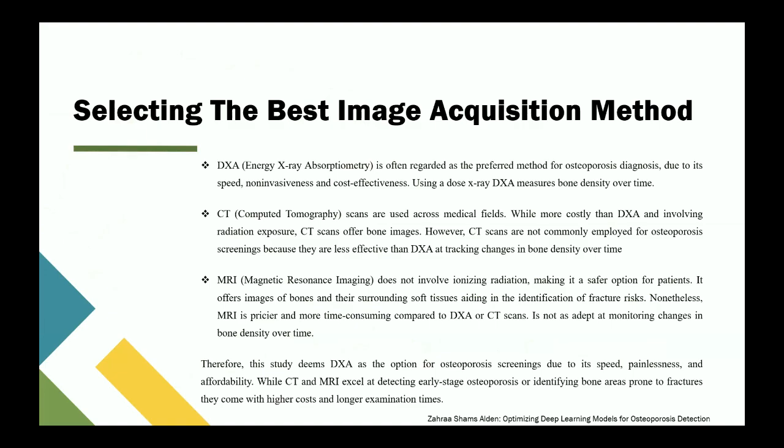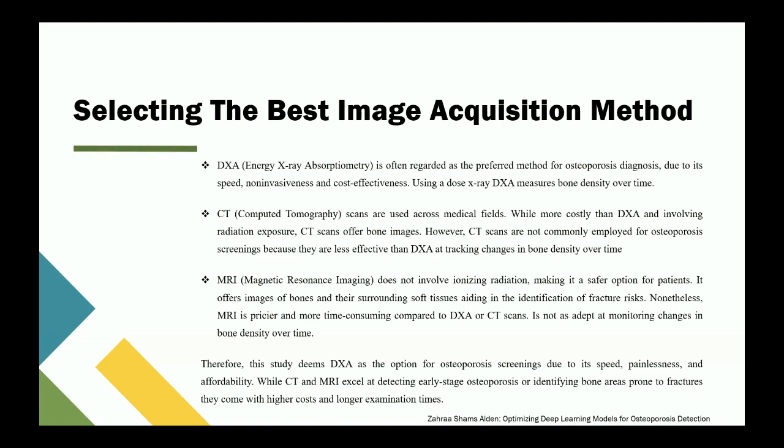DXA is often regarded as the preferred method for osteoporosis diagnosis because of its speed and its cost effectiveness. It's widely used in many medical centers and hospitals, whether in poor areas or rich areas. So DXA is widely used.